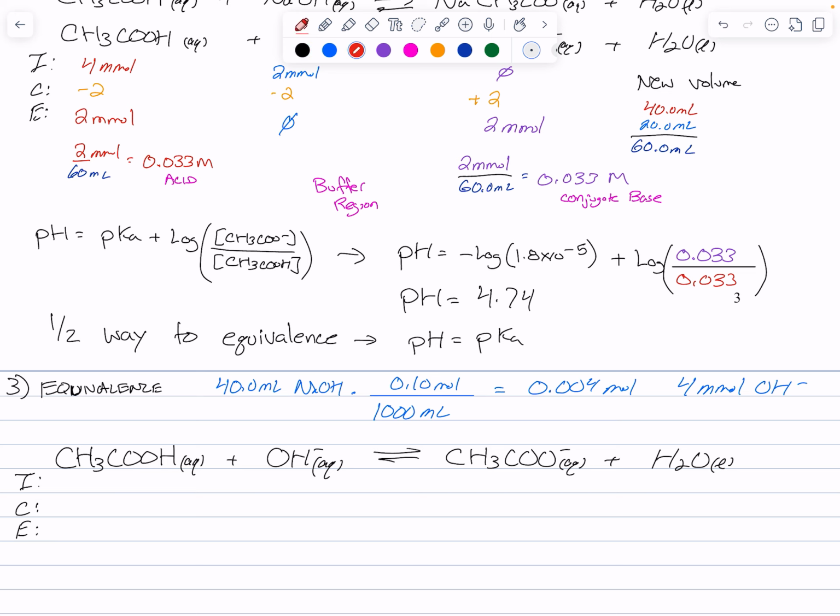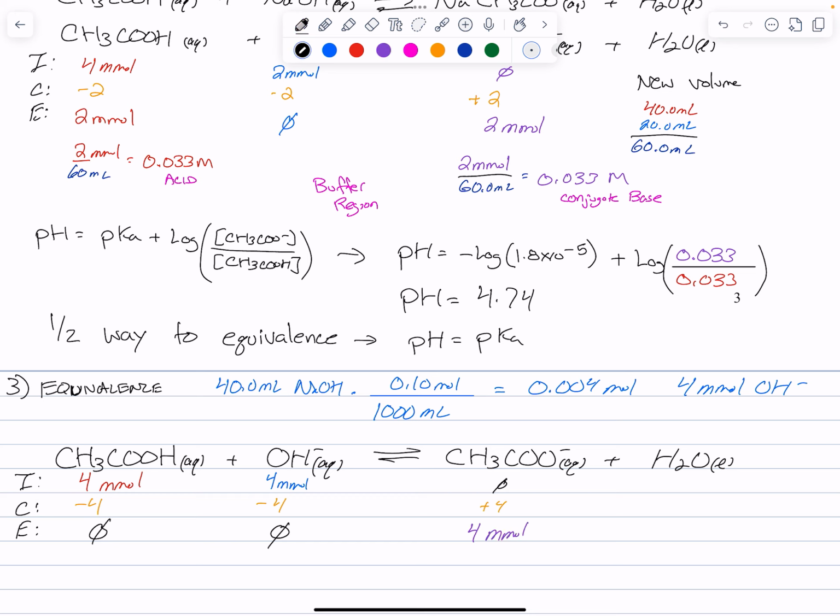And again, I always go back to the original 4 millimoles, just in case we don't want any error propagating through our calculations. Then we have 4 millimoles and we have none. Limiting reactant, -4, -4, +4. So we have no acid, no base, but conjugate base we have 4 millimoles.